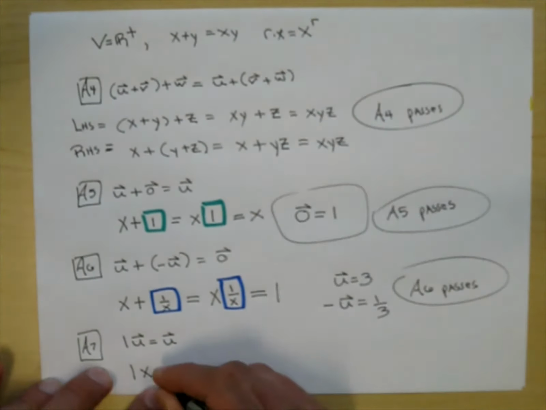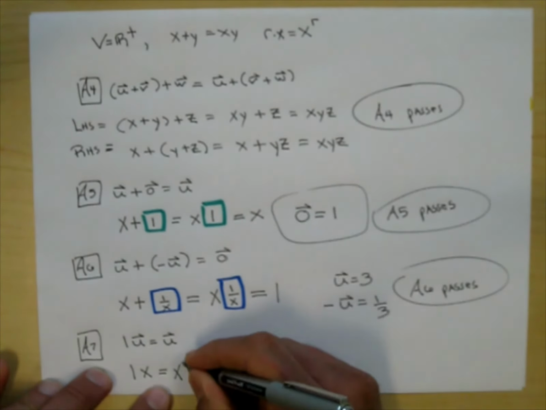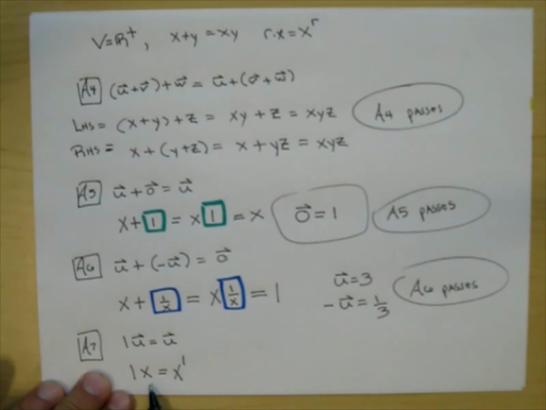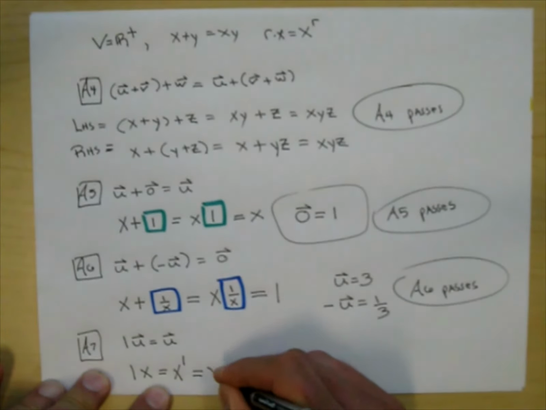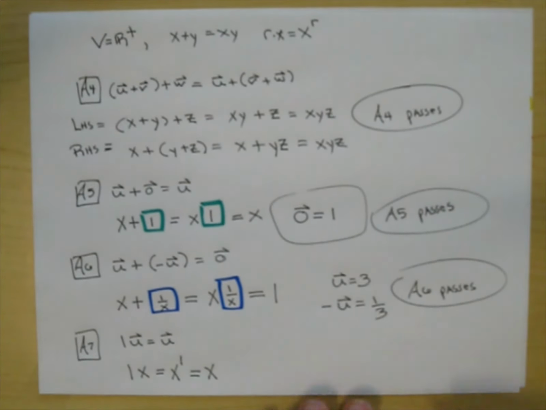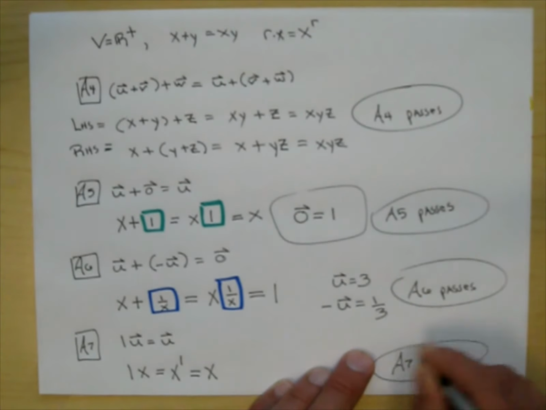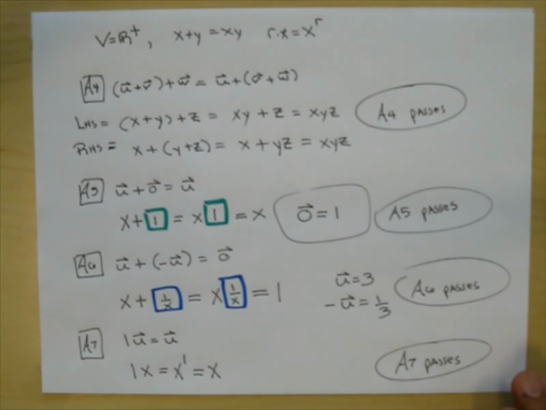Scalar times a vector is really that vector raised to the scalar power. So 1 times x is x to the 1, and we know x to the 1 is just x, which gives us our exact vector. So 1 times our vector really is our vector, which means, and this is funky multiplication, that A7 passes. Aren't you glad that these are not going to be on your exam?